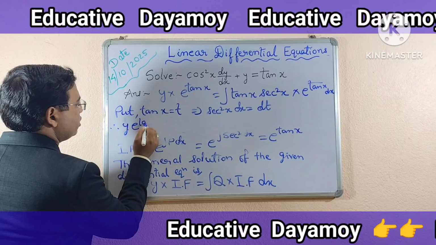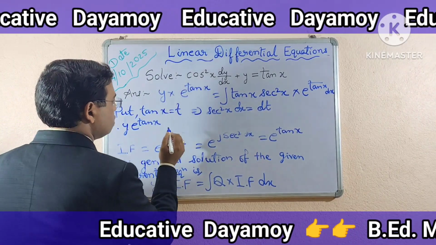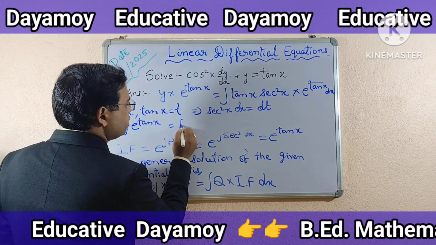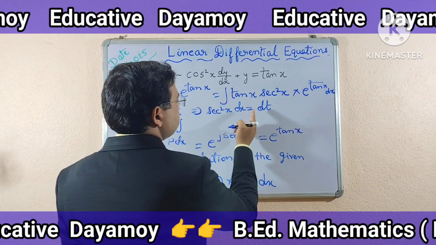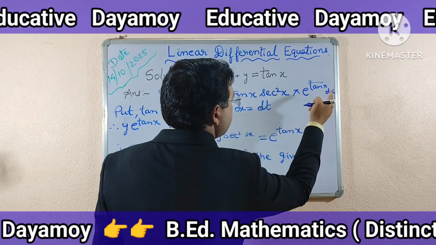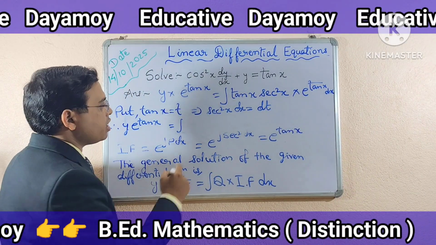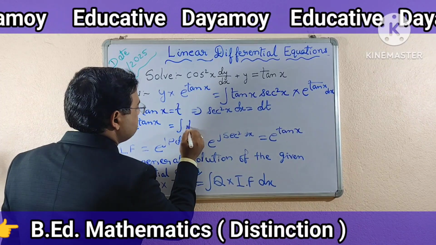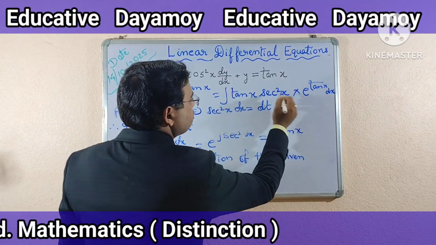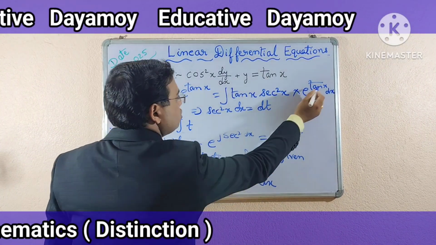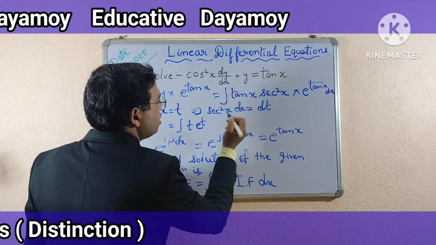e to the power tan x, equals integration, sec square x dx equals dt. So tan x becomes t, sec square x dx becomes dt, and we get e to the power t.